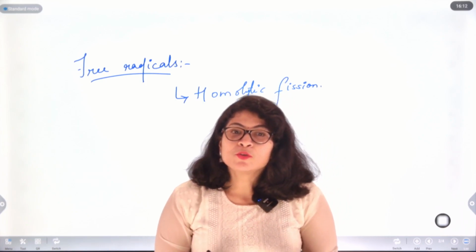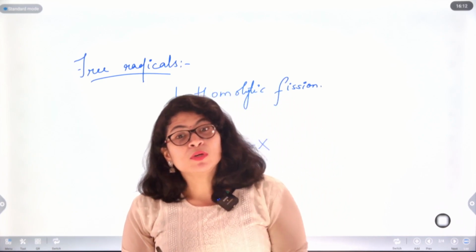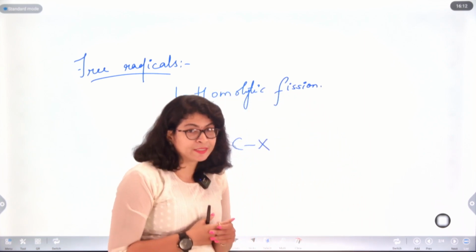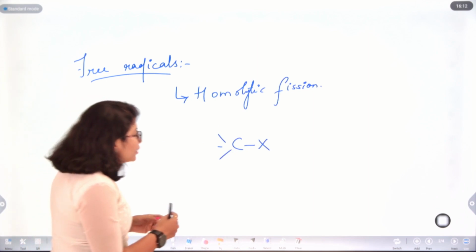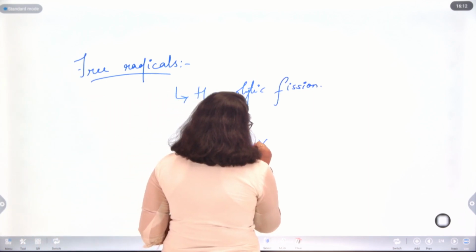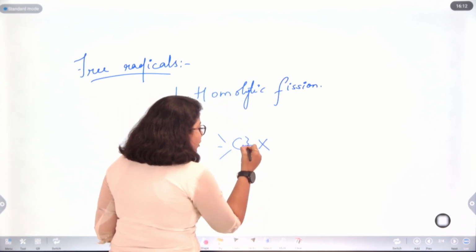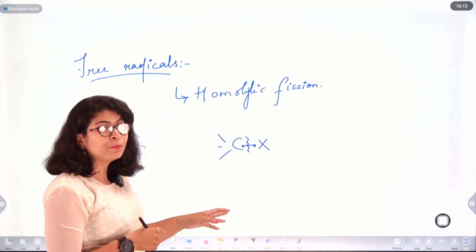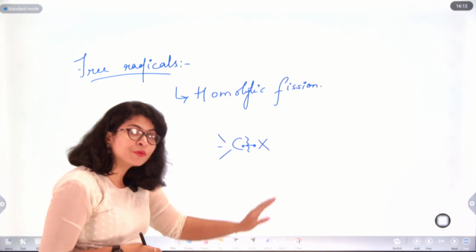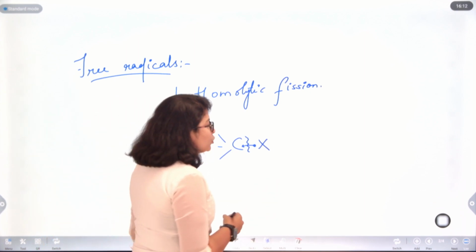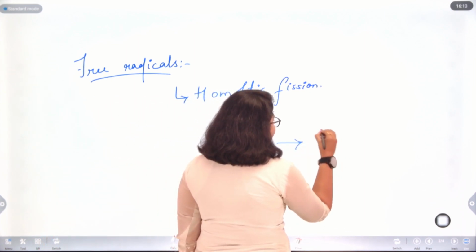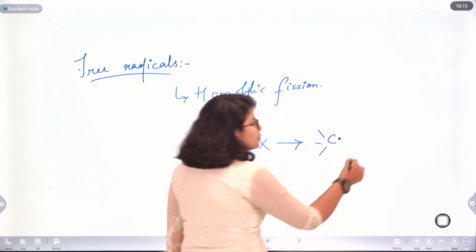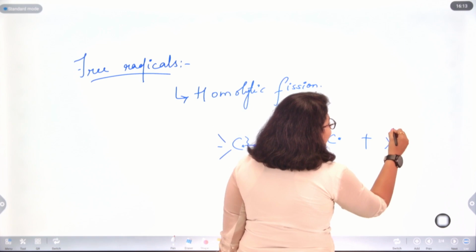Now the electron pair is distributed equally between both the atoms, in between carbon and X. So if this is the pair of electrons they are sharing, each atom will move taking up its own electron. As a result, C moves with an unpaired electron and X moves away with another unpaired electron.